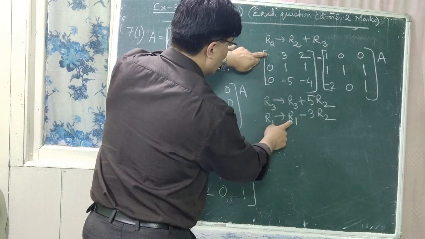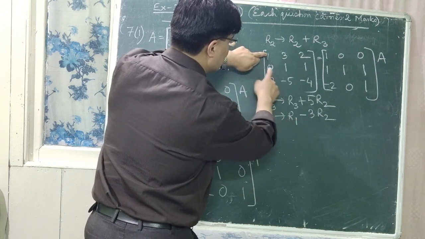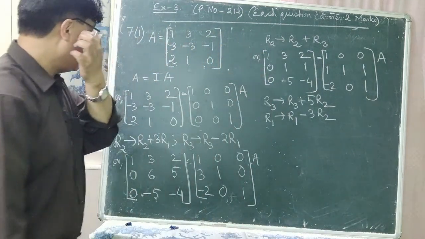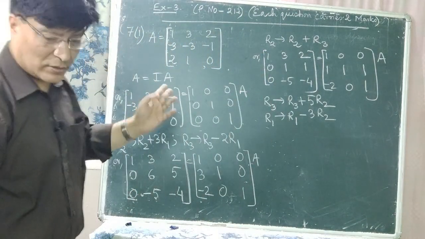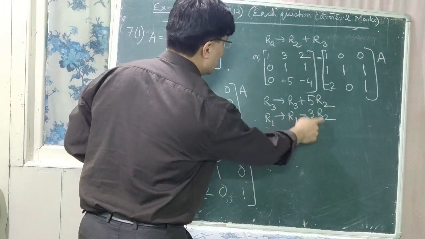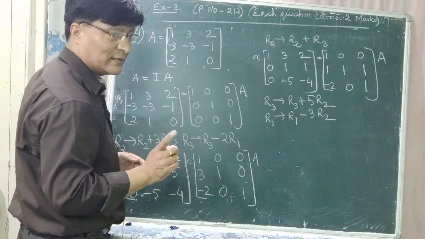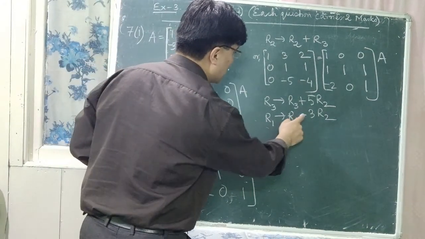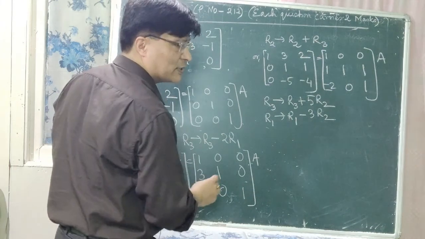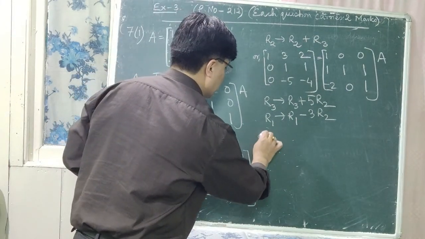R1 is 1 minus 3 into R2 is 0. No, it's not changing, I think. So you can use it, okay? R1 is equal to R1 minus 3R2. This one is not changing. So we can use R1 is equal to R1 minus 3R2. Yes, this is correct. Okay, so let us use these two properties here.